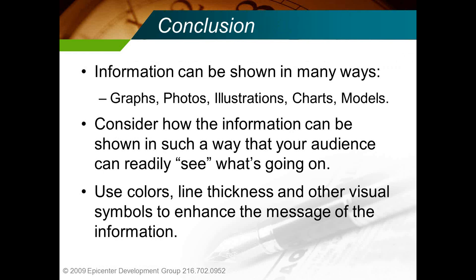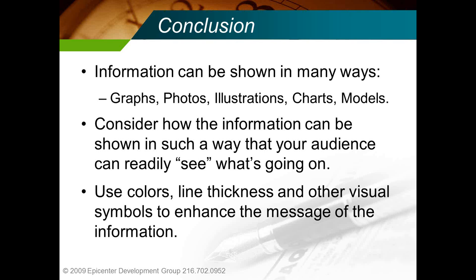So in conclusion, there's lots of ways you can show information. You can use graphs, photos, illustrations, charts, models. So whenever you do show information to clients or colleagues, certainly consider how it can be shown in a way that people can readily see what's going on, because it's one thing for us to do a report and show them a table, and another for them to be able to visually see it, where they can actually understand what the results are or even tell you what's going on based on what they see.